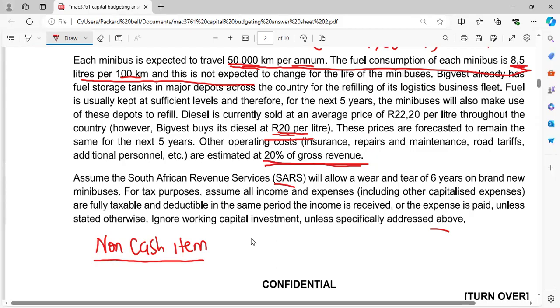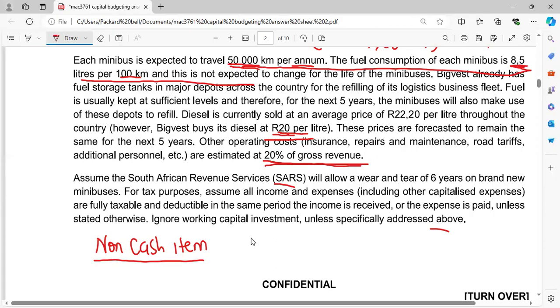But if the question has already given you the cash flows after depreciation, when you calculate your tax, it means you add back that depreciation that was deducted and then apply the wear and tear. That's basically how you treat depreciation, because remember, depreciation is a non-cash item. So on cash flows, it should not affect your cash flows.